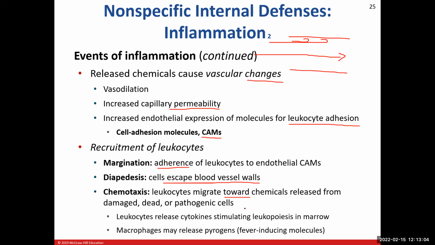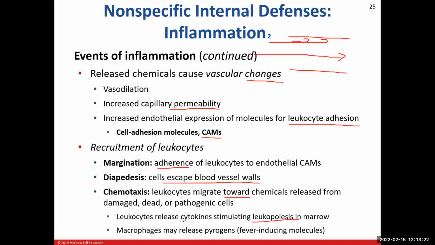So while this is going on, we're going to cause a migration of white blood cells to the area. Well, we probably need to make more. So we are going to see an increase in leukopoiesis in your red bone marrow.